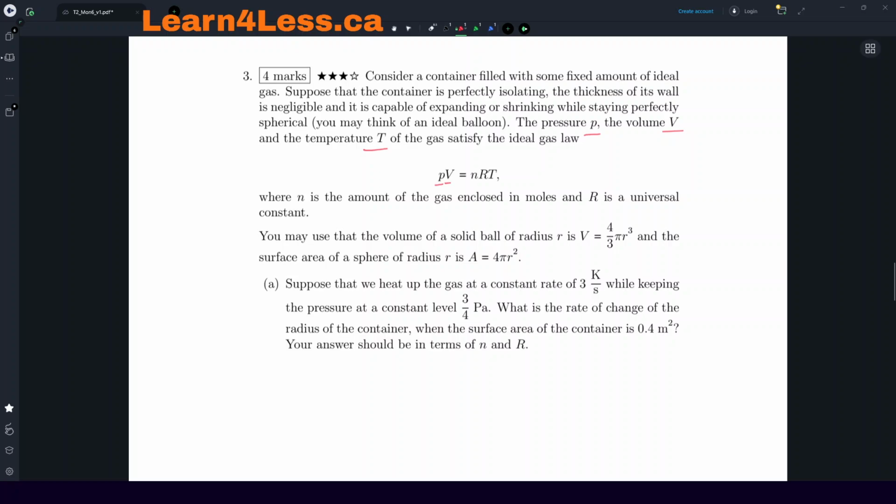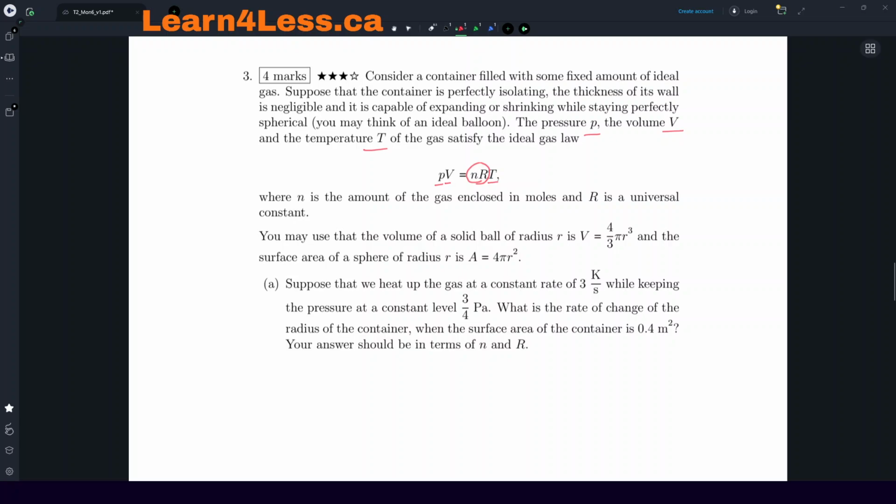So P, V, and capital T, all of them are variables. And here they said N is the amount of the gas enclosed. Okay, it's enclosed, which means it's not changing. And R is the universal constant, which is also constant. So N and R are basically constant for this problem.